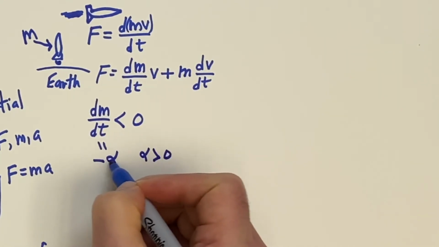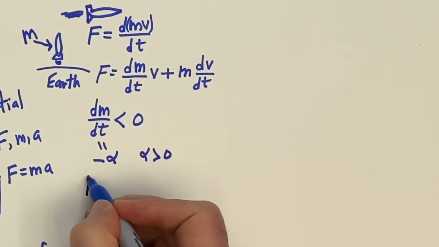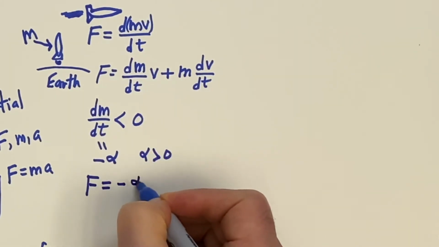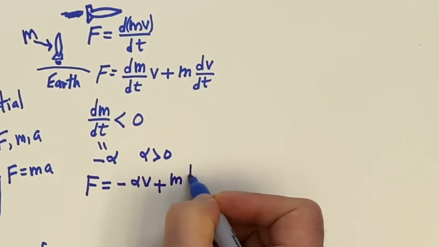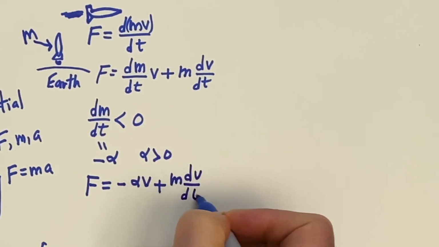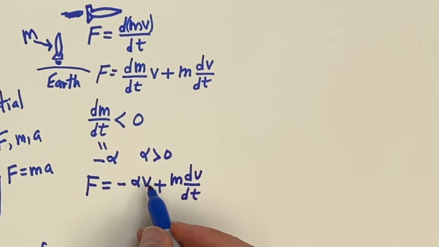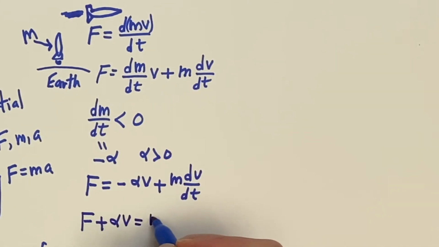By putting a minus sign in front of it, I get something that's less than 0. So if I do that, I get F is minus alpha v plus m dv/dt. Now I'm going to add alpha v to both sides of the equation, and I get F plus alpha v is m dv/dt.